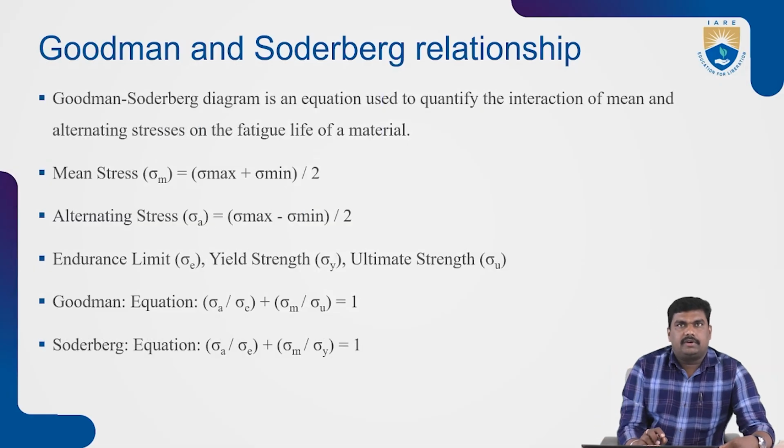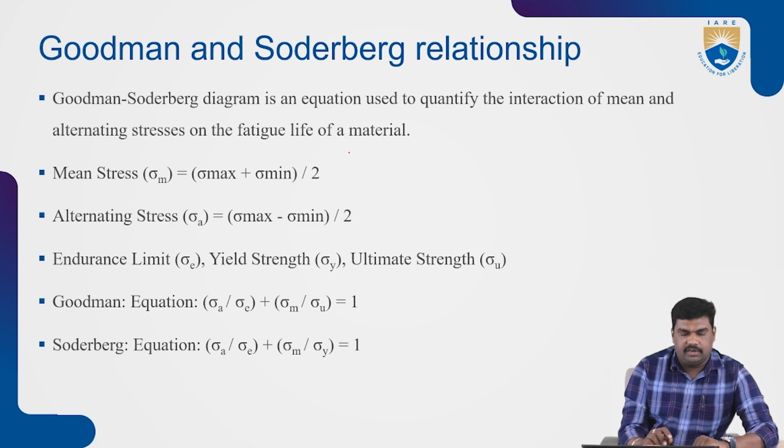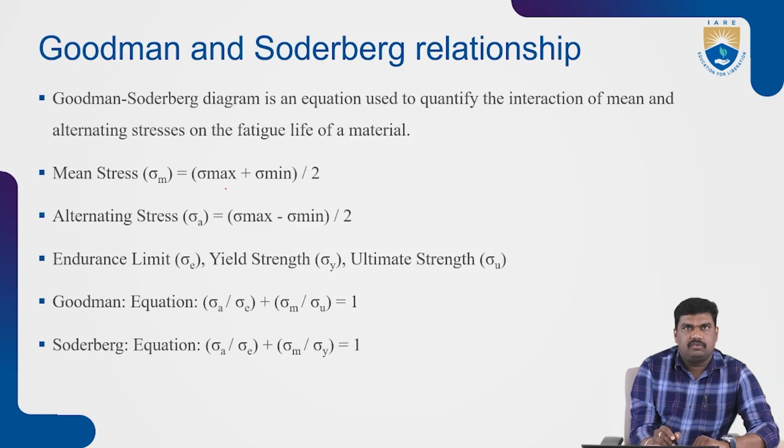The Goodman-Soderberg diagram is an equation used to quantify the interaction of mean and alternating stresses on the fatigue life of a material. Mean stress sigma m is equal to sigma max plus sigma min divided by 2. Similarly, alternating stress, that is your stress amplitude, is sigma max minus sigma min divided by 2.